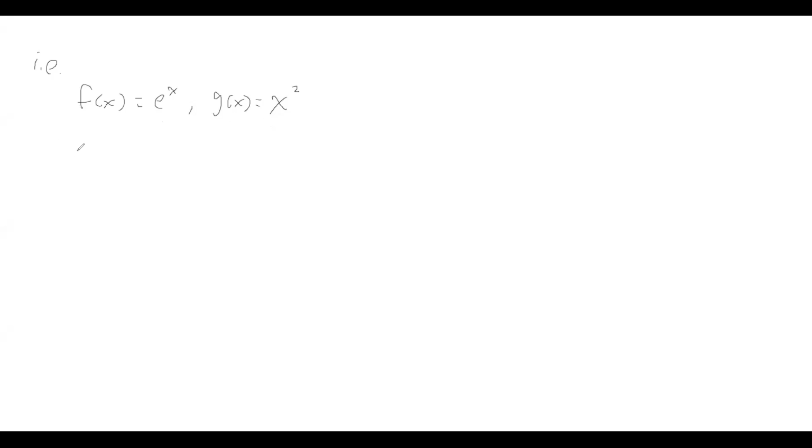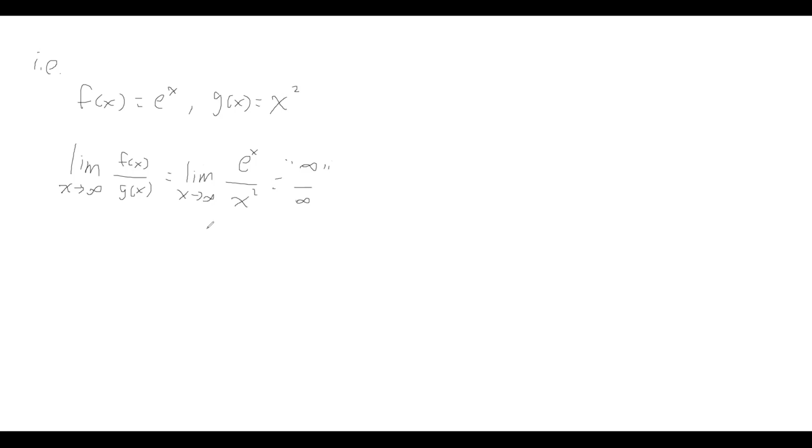So by our definition from earlier, if we put them in limit form, f of x over g of x as x approaches infinity, we have the limit as x approaches infinity of e to the x over x squared. Now if you just go ahead and evaluate the limit, you get infinity over infinity, which from 4.5 L'Hopital's rule, we know is an indeterminate form, so we would have to apply L'Hopital's rule.